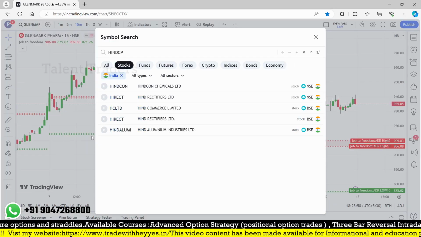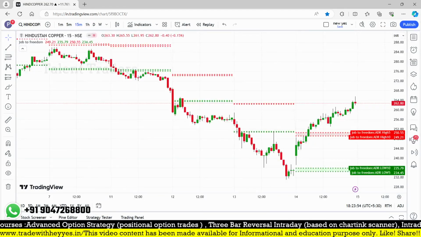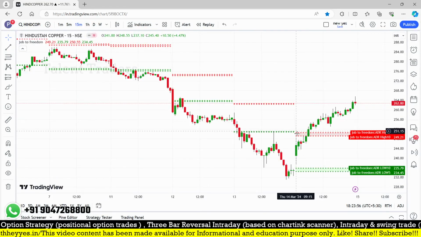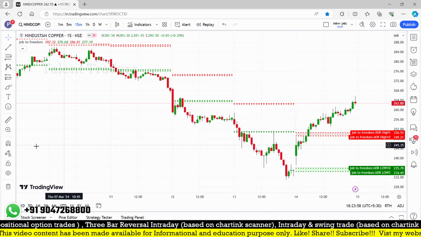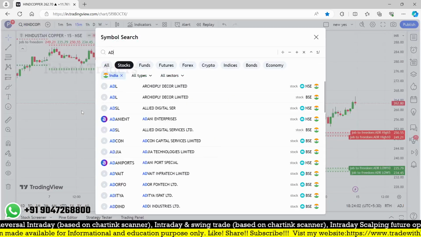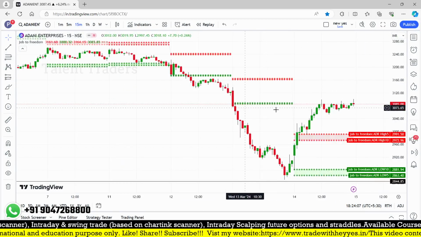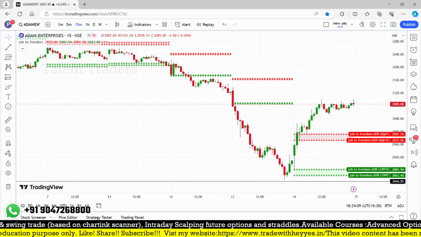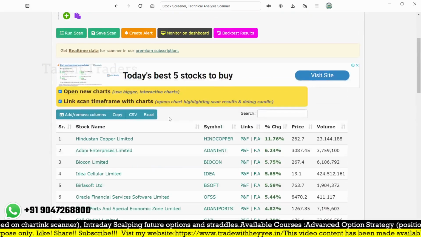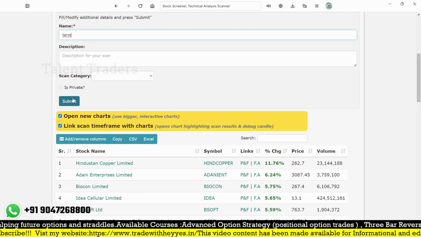Copper. Yeah, I think it is comparatively lower. So let me go and check Adani Enterprise. Mostly, yeah, that's right. Maybe test it and mark it, then it will be easy. So I will be making a test scan.